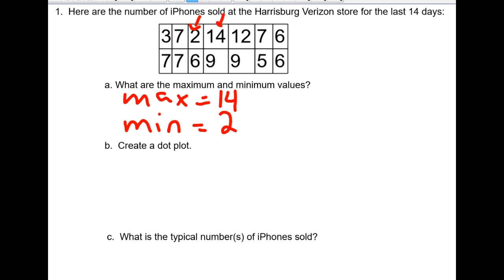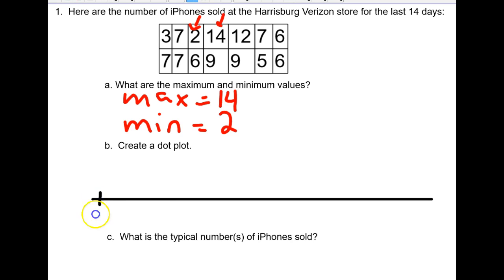And this will help us when we are doing letter B, creating the dot plot. So first we are going to draw our horizontal line, which I've got right here. Then we need to start with the minimum and the maximum because we have to encompass all of the data into our dot plot.